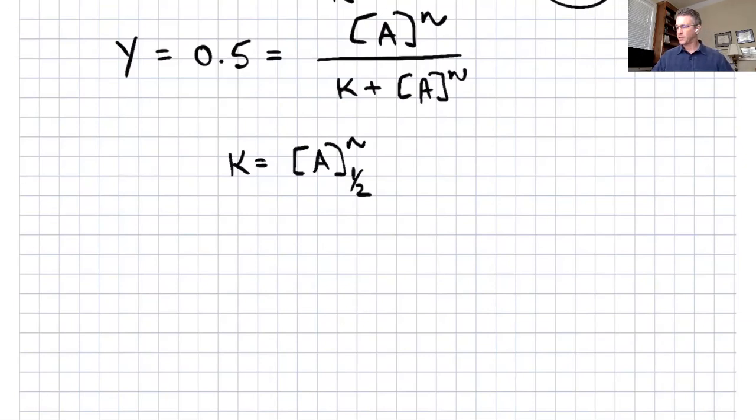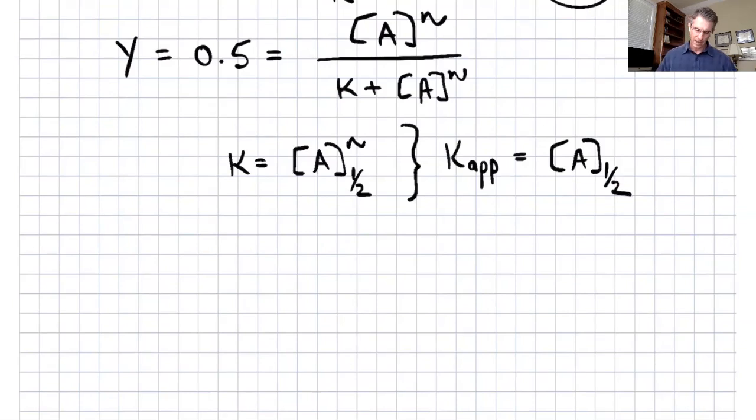So what that lets us do is operationally define a K apparent, for the purposes of our little derivation here, as equal to the concentration of A at half saturation, which means we can rewrite the degree of binding expression.